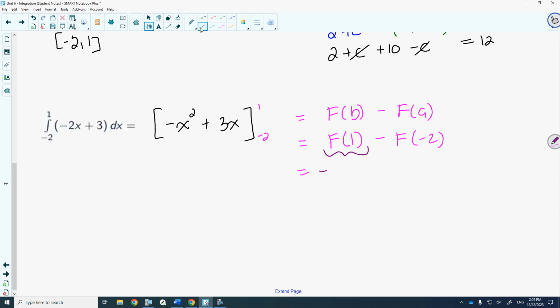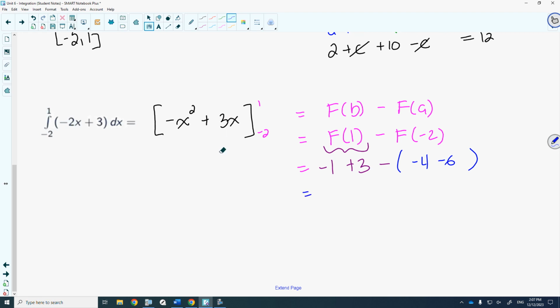So F of 1 would be negative 1 plus 3, minus, create a bracket, and now the lower limit of integration, so sub in negative 2. So negative 2 squared would be negative 4, minus 6. From here, we get 2 minus negative 10, which is 12. So for the remaining problems that we're going to do, this is the work that we're going to show.